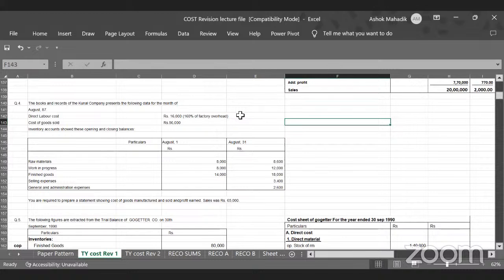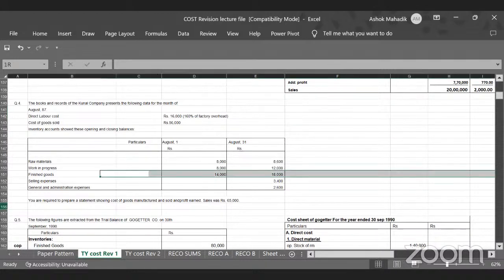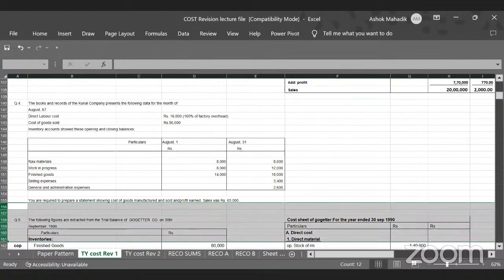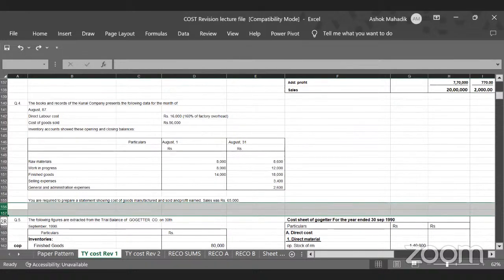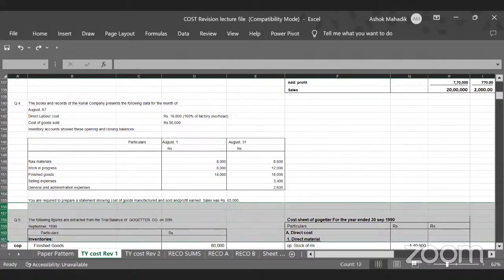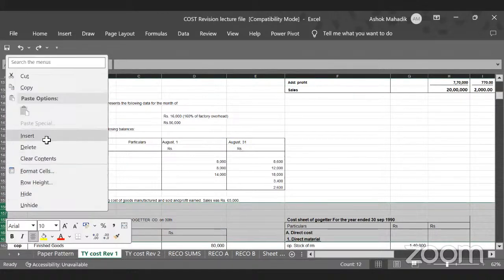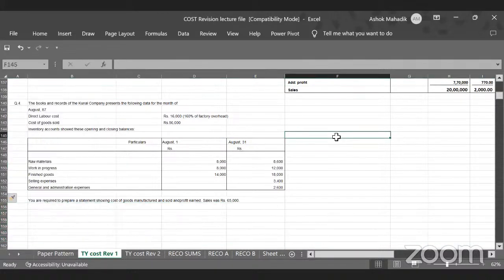So let us solve this sum. Okay, we start with direct material. See, we have space constraints, so I'll just add a few lines here. Okay, so now we have space here.